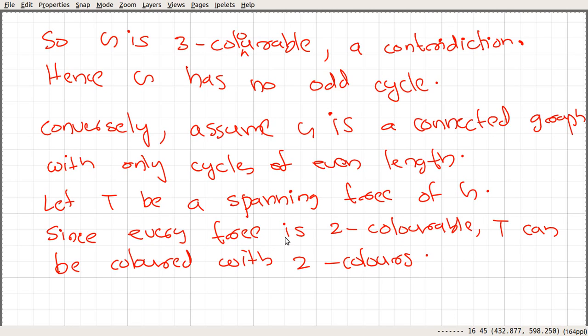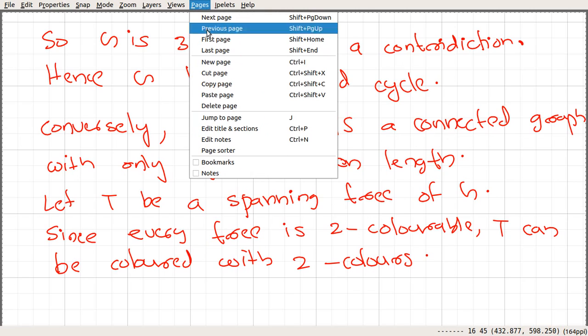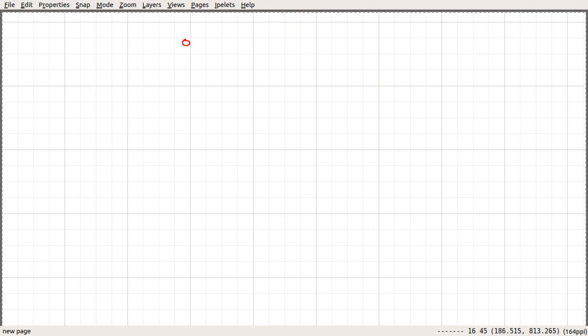Now what we are going to do is add the remaining edges, the chords, back into this tree until we get the original graph. Here we are assuming that it's connected with only cycles of even length. So the situation is something like this. We have this spanning tree, and we know that this spanning tree is two colorable.